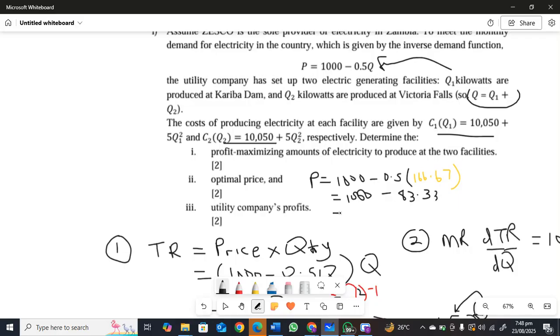So 1000 minus 83.33, what do we get? 916.67. That's the optimal price they need to charge.